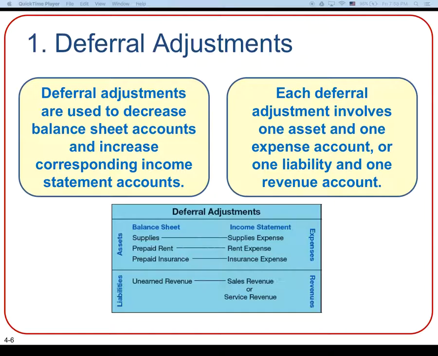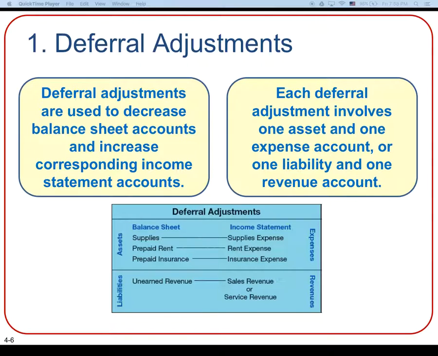So on the asset and expense side, you have a balance sheet account. Remember, when you bought the supply, before you use the supply, you put supply as an asset. So you debit supply. That's your asset. And then once you use up the supply, you need a deferral adjustment to make sure these supplies are already used up. So you have to put it into the expense account, so it's another income statement account. That's supply expense.